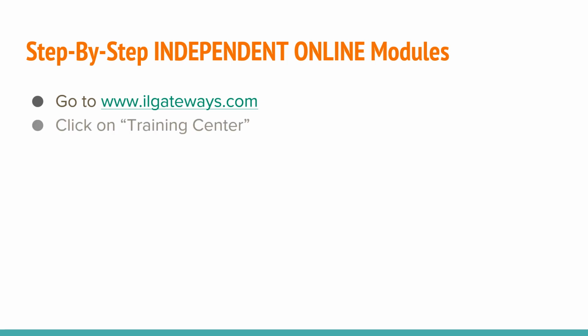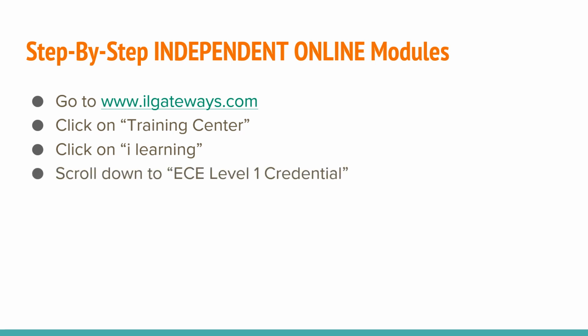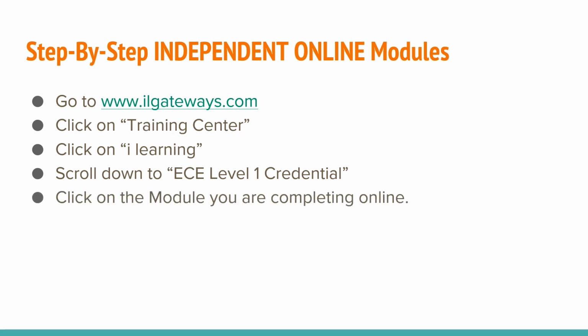So here's the step-by-step. First of all, you will go to www.ilgateways.com. Once there, you will click on Training Center. From Training Center, you will click on iLearning. That will take you to a bunch of iLearning opportunities, but you're going to scroll down to ECE Level 1 Credential, and you will click on that box. Once there, you're going to go to the module you're completing online.